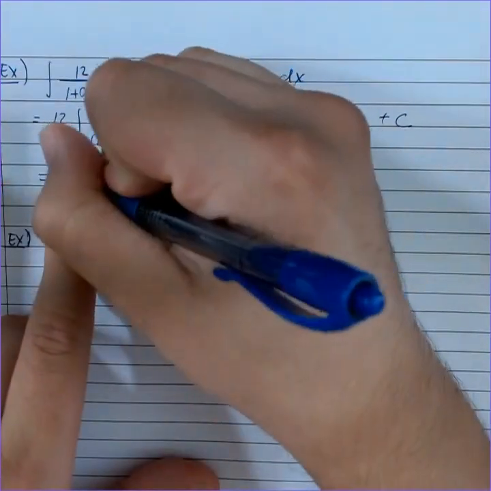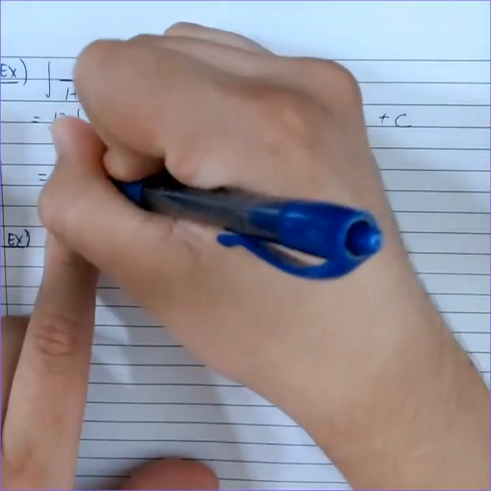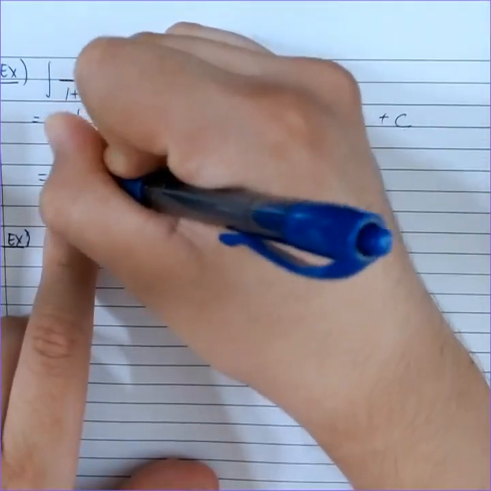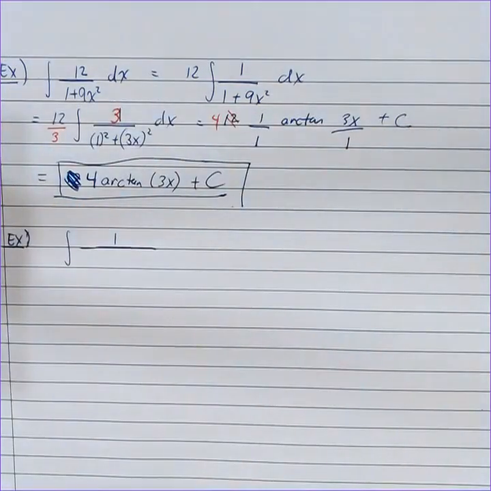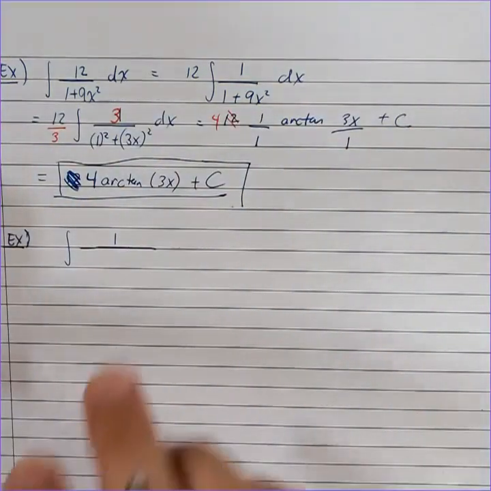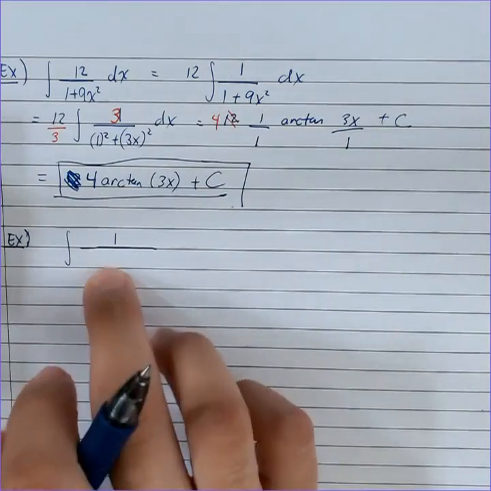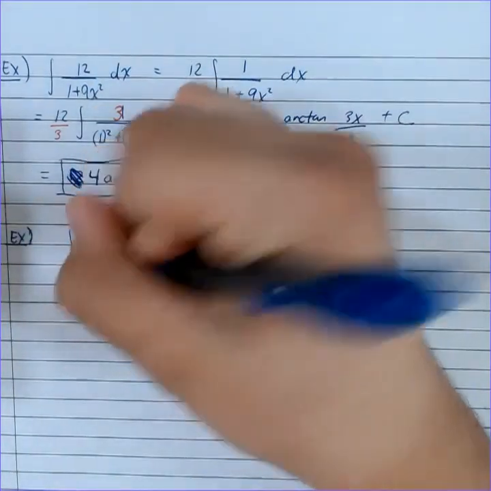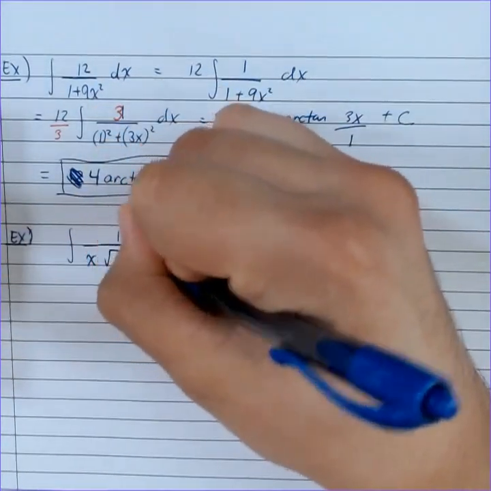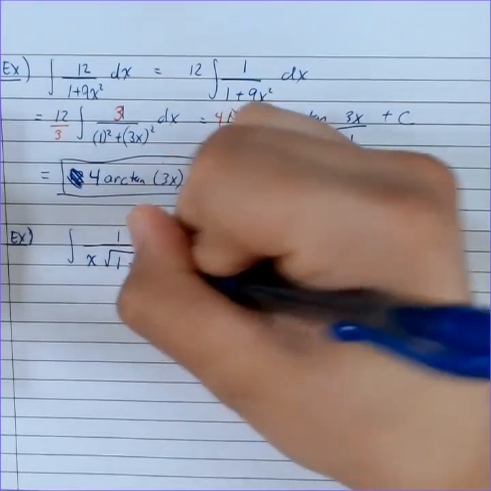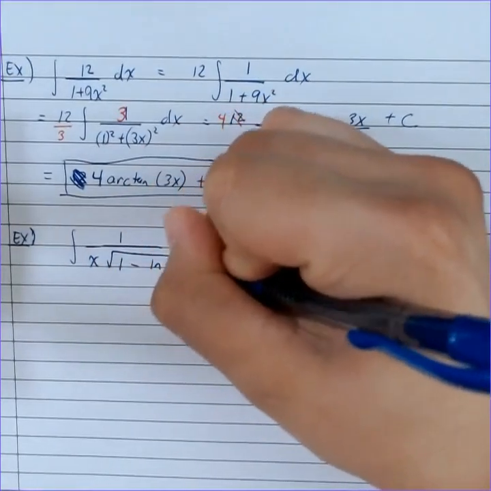My apologies. Just like that. So now, anyway, going back to this one here, let's see. We're going to take 1 over x square root of 1 minus the natural log of x quantity squared.